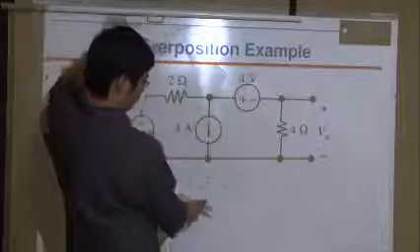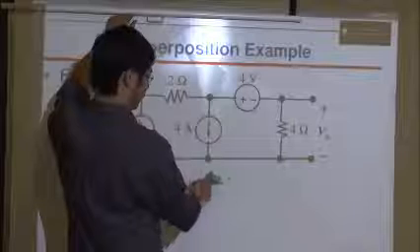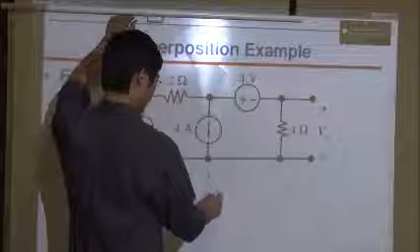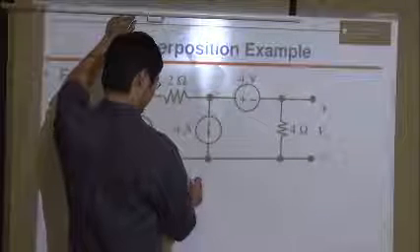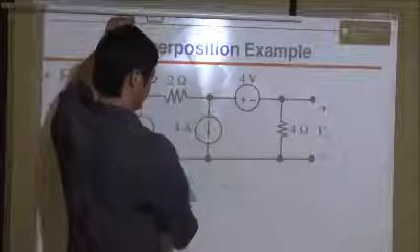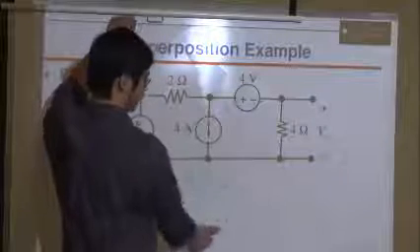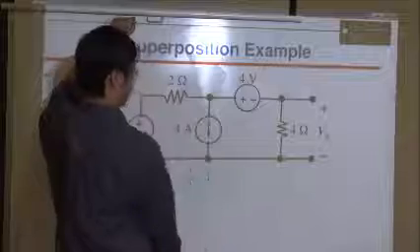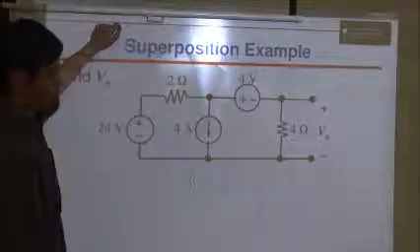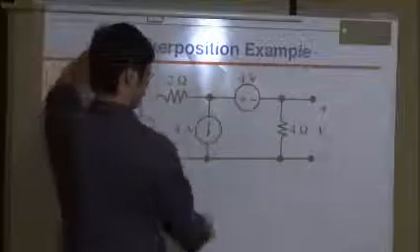Basically you have a current with two ways to go. One is going this way, and the other is going this way, right? Of the 4 amp current. Notice your VO will be negative because the current is flowing in the opposite direction of your sign.